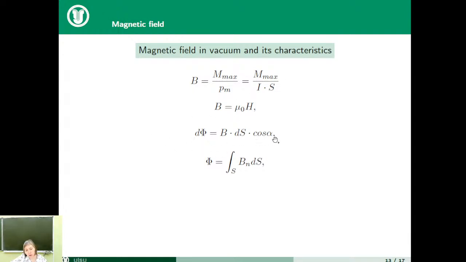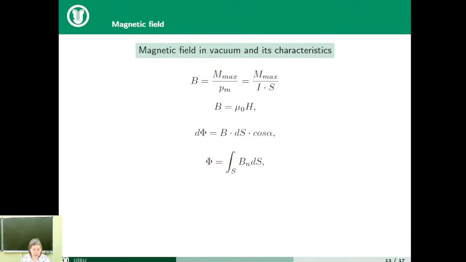Look at this expression: dΦ through an elementary area element dS of an open surface S, and we get dΦ equals B dS cos α. Alpha is the angle between the normal line to the area element and vector B.